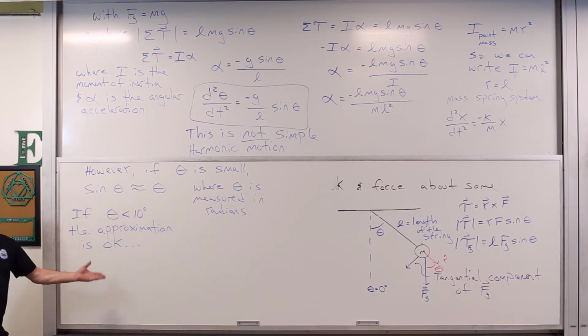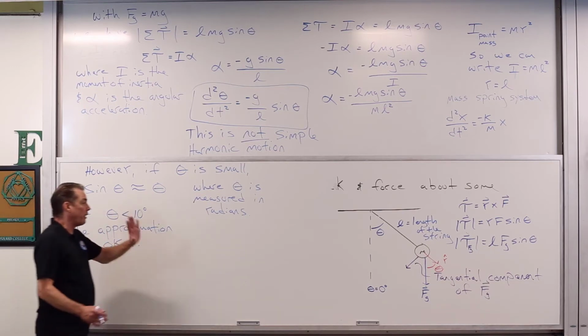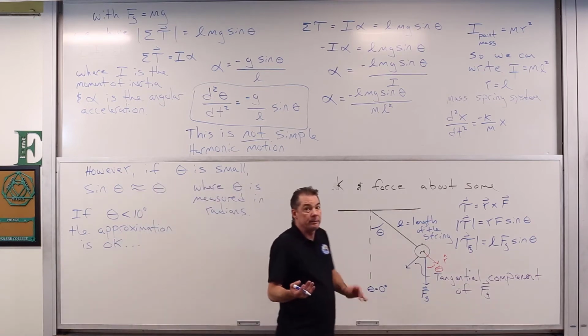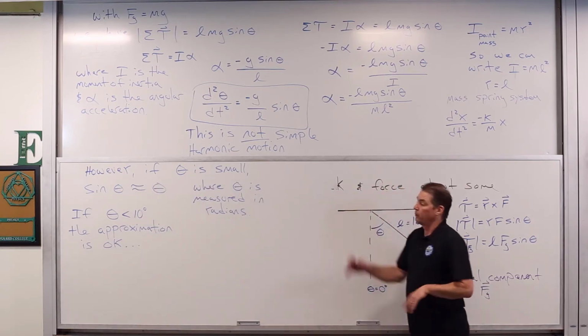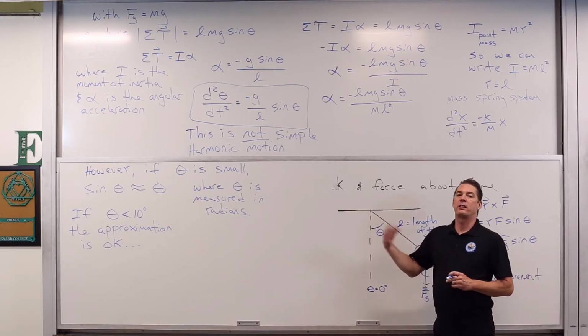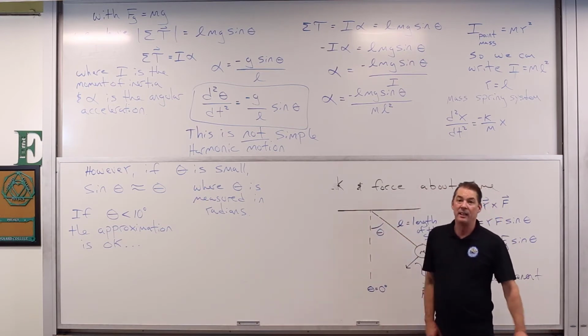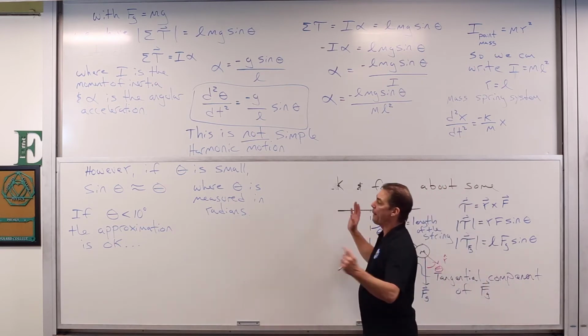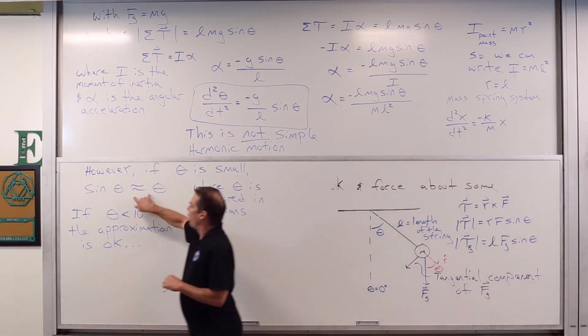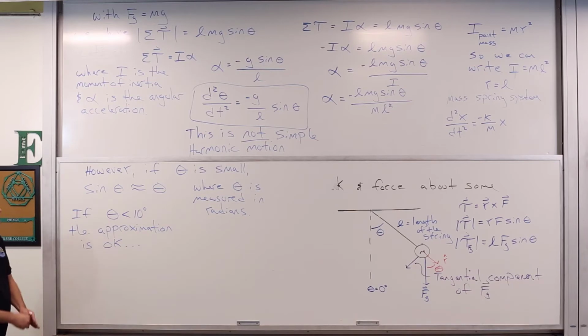The reason I don't say good is because, as you get closer and closer to 10 degrees, the approximation gets less and less good. For really small angles like 1 degree, you have a really good approximation. As you get closer to 10, it falls apart a little bit. And once you get over 10, it starts rapidly diverging from this approximation.